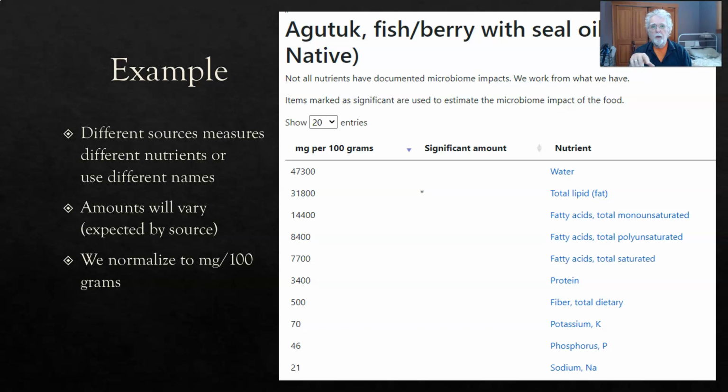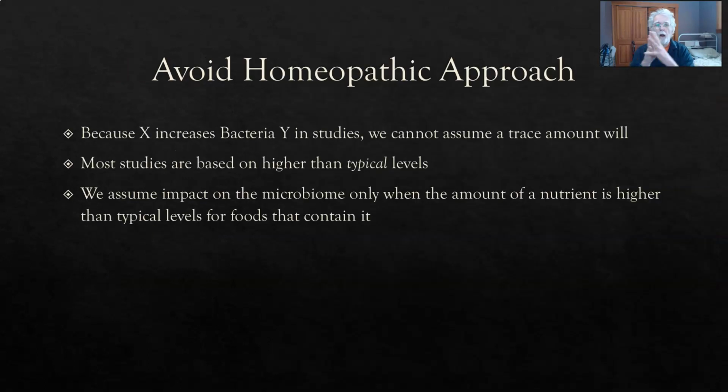Okay, let's go on. The next thing we have to do is avoid slipping into a homeopathic approach. And by that I mean, because X increases some bacteria Y in a study, we cannot assume a trace amount will cause that. In fact, if you go back to the studies, you find that most studies are based on higher than typical levels of the substance.